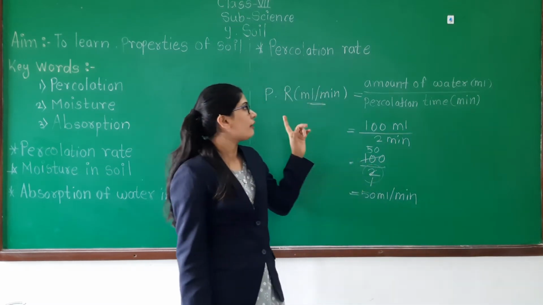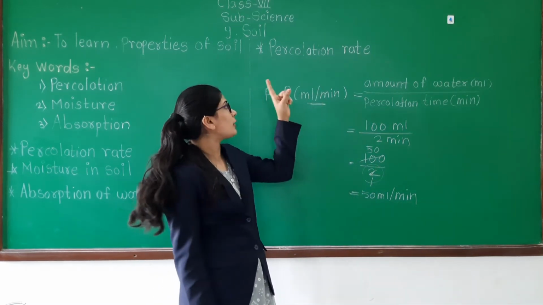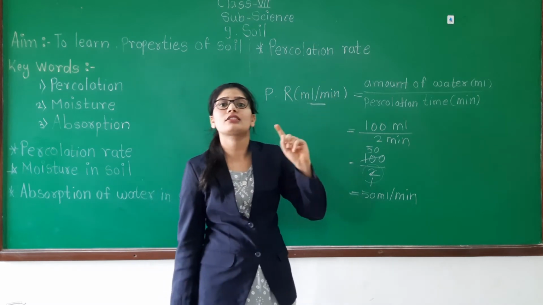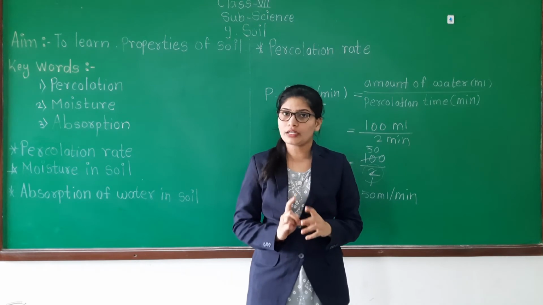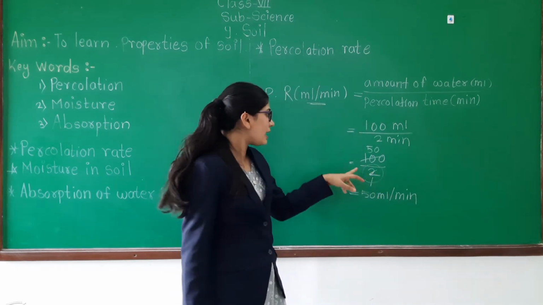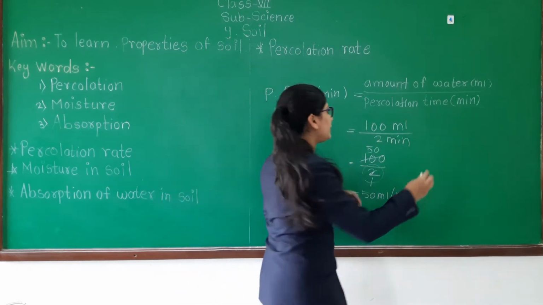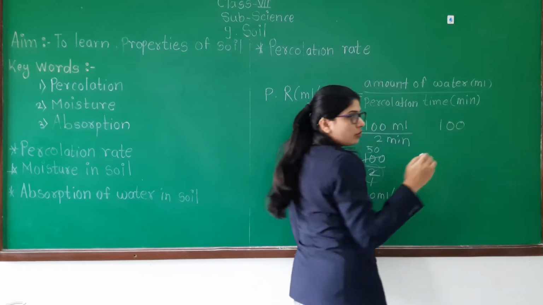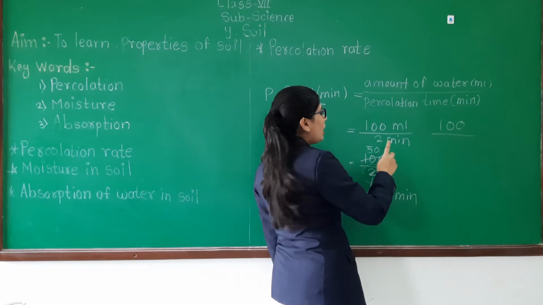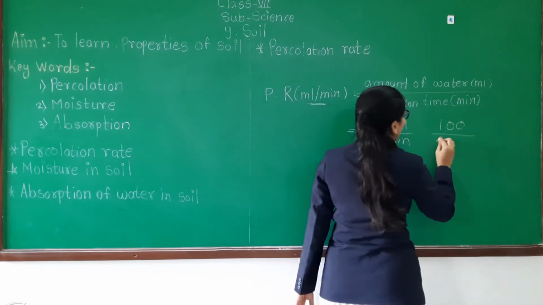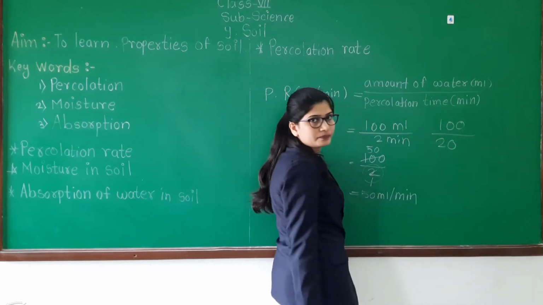So like that we have completed the first property, that is percolation rate, which is different with different soil. Understood? Now see, we will take one example. 100 ml of water we have taken, and for sandy soil it required 20 minutes.